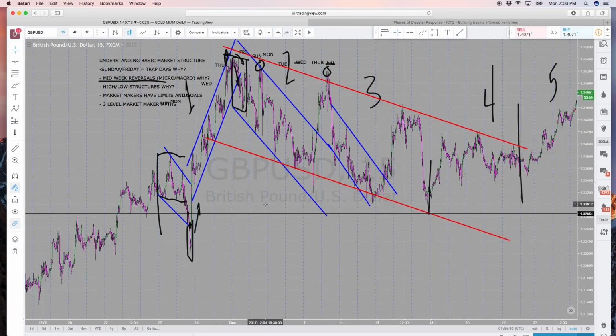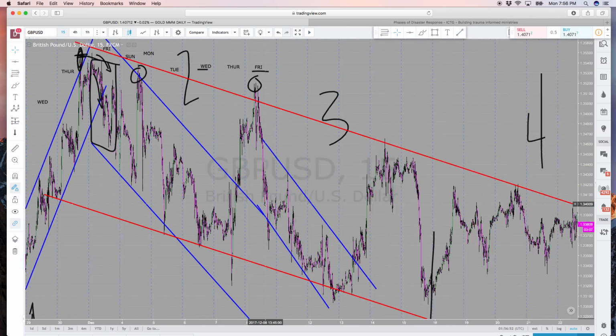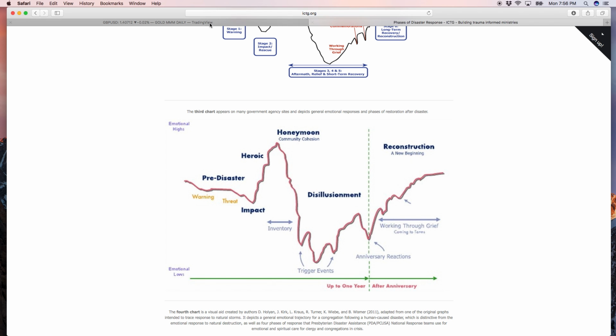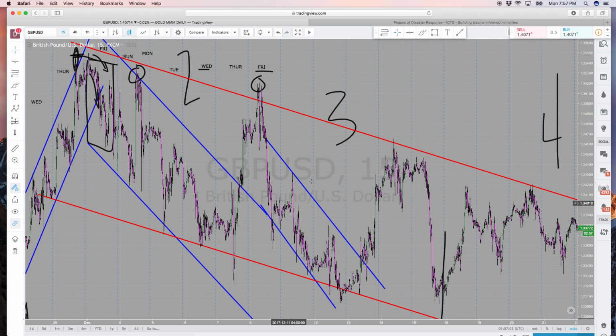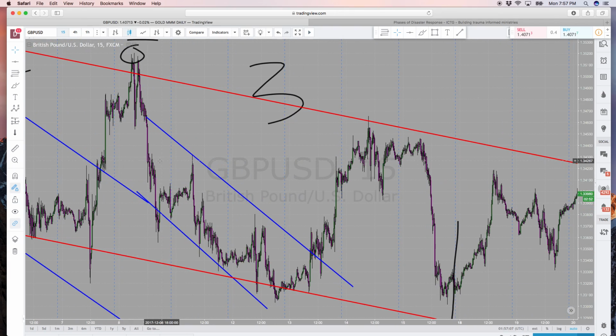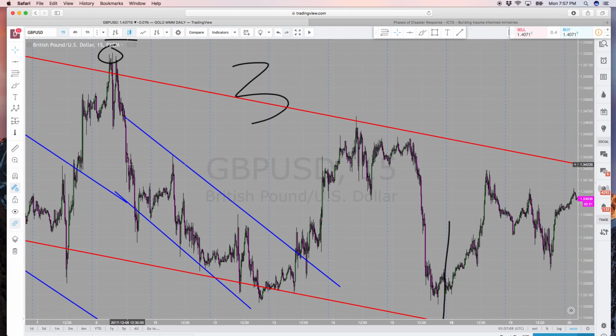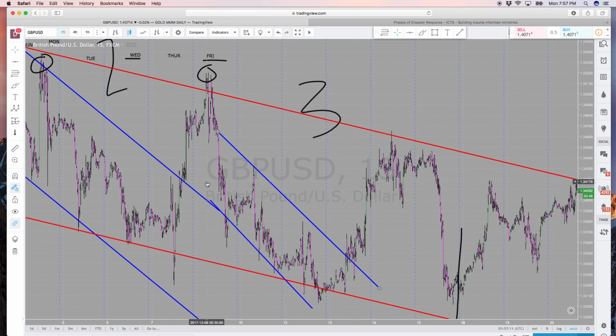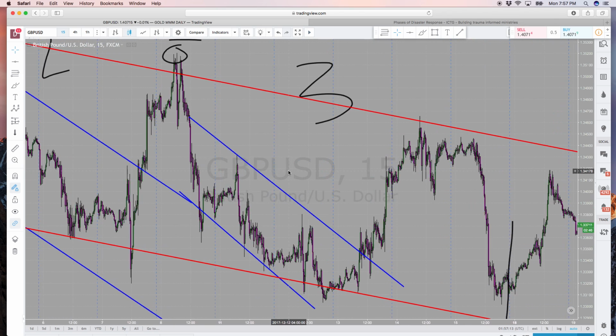I also wanted to talk about how these structures basically form the trend, right? So here we have the same concept, all right?